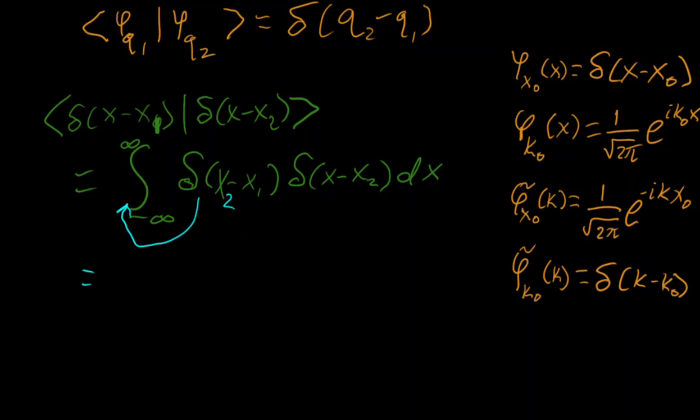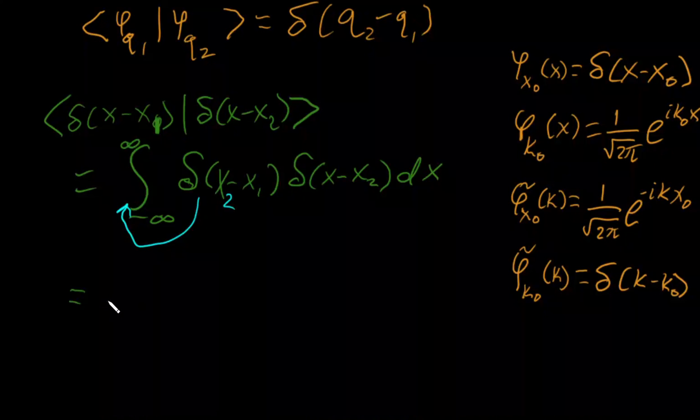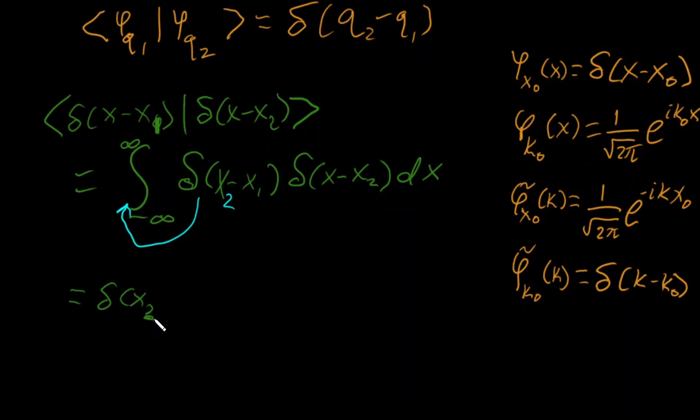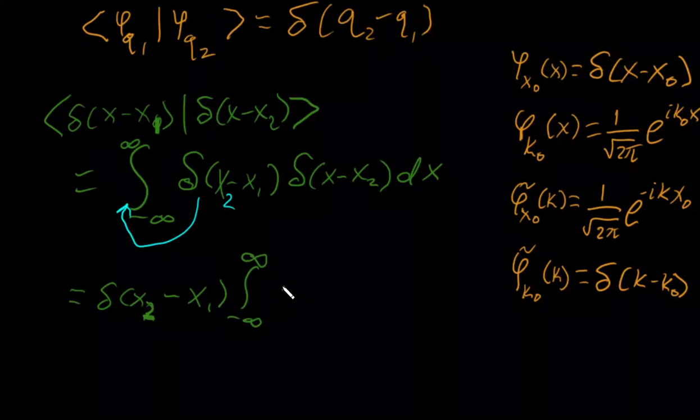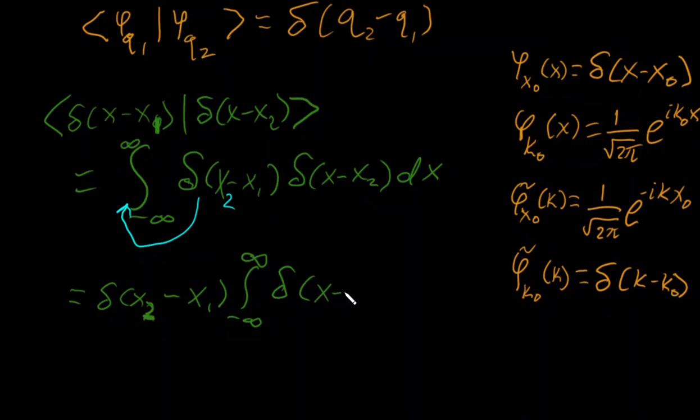So I can change this x to an x2 and bring it outside the integral. Then we'll get delta of x2 minus x1 times the integral from negative infinity to infinity of delta of x minus x2 dx.